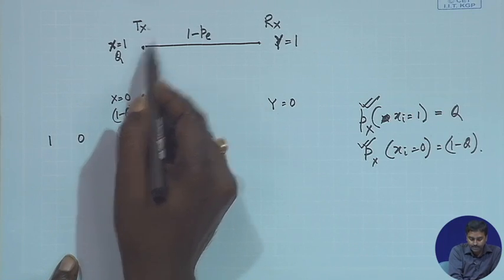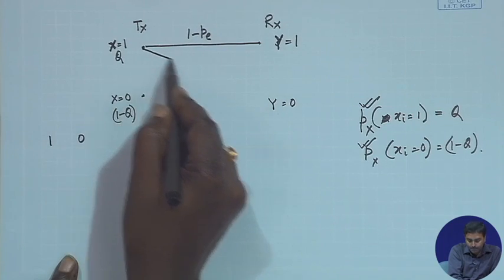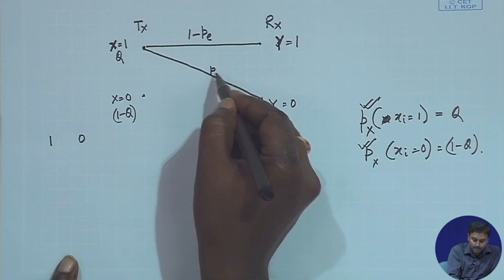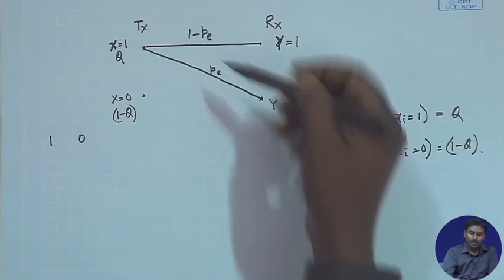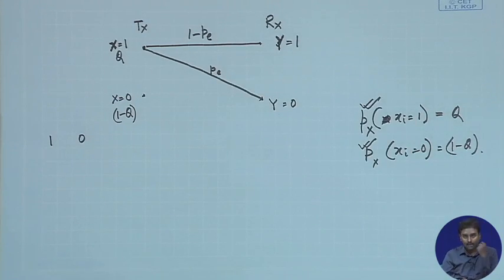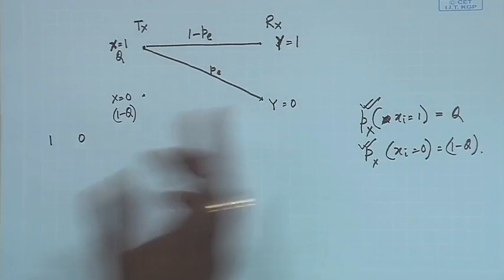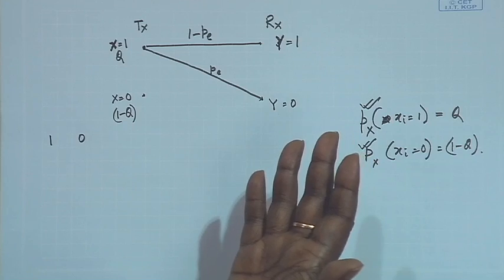Immediately I can see that if I transmit 1 and 0 is received, that must have a probability of Pe, because once I transmit 1 there are only two possibilities, either I receive 1 or I receive 0, and the sum of probabilities must be 1. If the probability that 1 gets flipped to 0 is Pe, which you will see in your digital communication how to calculate, then the other must be 1 minus Pe.